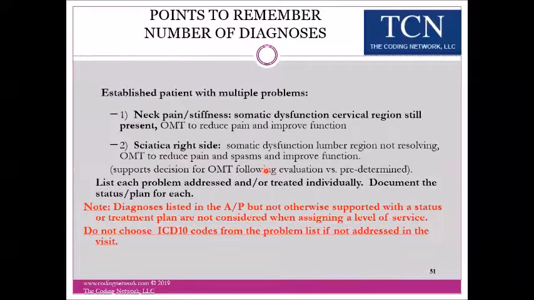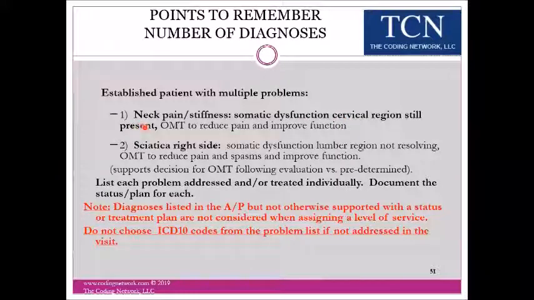So ideally, a note would look like this, or at least have this type of information in it. This is your assessment and plan. So maybe you're following this patient with two problems, two regions that are symptomatic, and you state neck pain, stiffness, you diagnose somatic dysfunction, cervical region, still present.